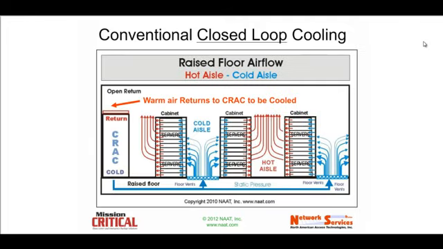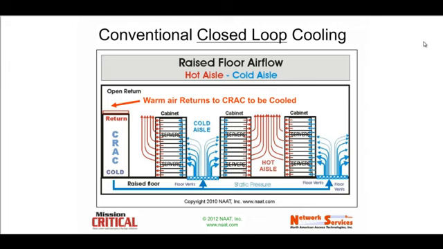So if we look at our traditional closed loop, the most common one still is an open return path between the cabinets and the hot air trying to get back to the CRACs. And while we could probably make a 2-hour webinar out of just airflow management, this is a simplified view of the open return.